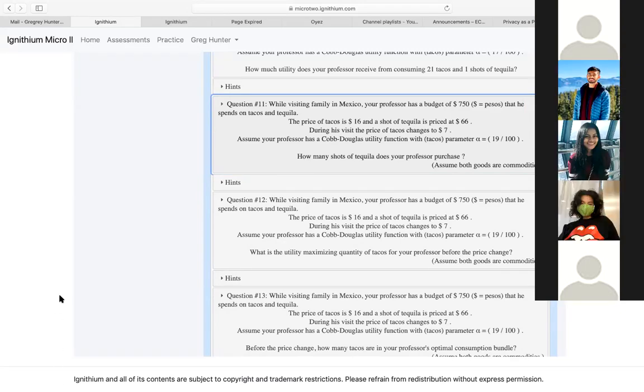So with this one, do you just ignore the Cobb-Douglas function and focus on the price and the budget? Well, okay, good question, right? And Nutanicha, are you here too? Yes.